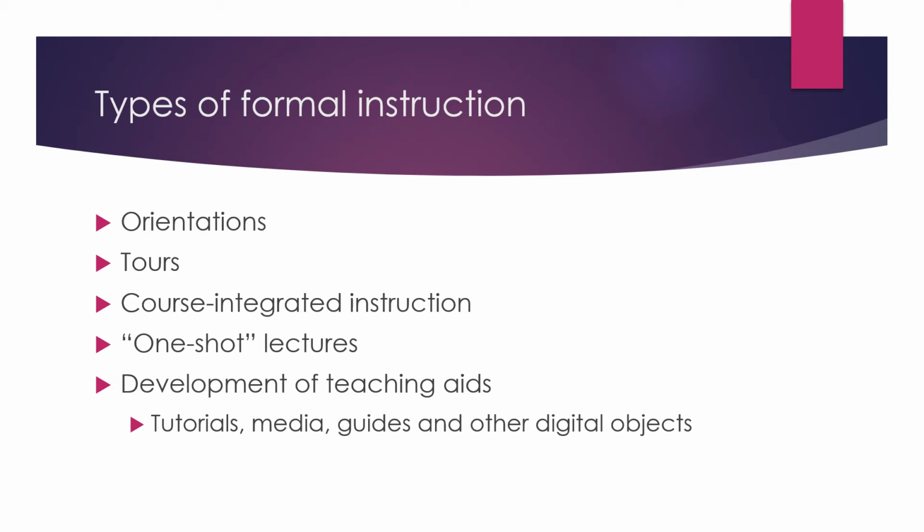The next kind is what's called the one-shot lecture, which is what most information literacy in higher education ends up being. That's basically when the teacher or professor says, come in and show my students how to research, and of course they give you 30 minutes to do it, which is completely impossible.